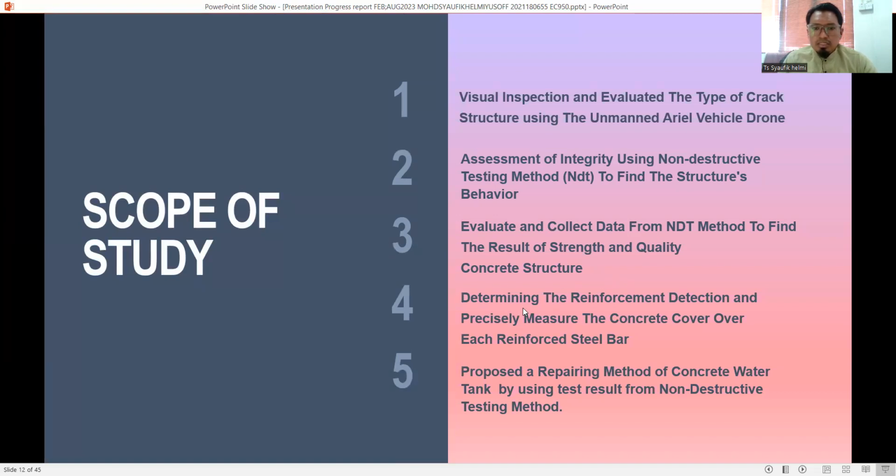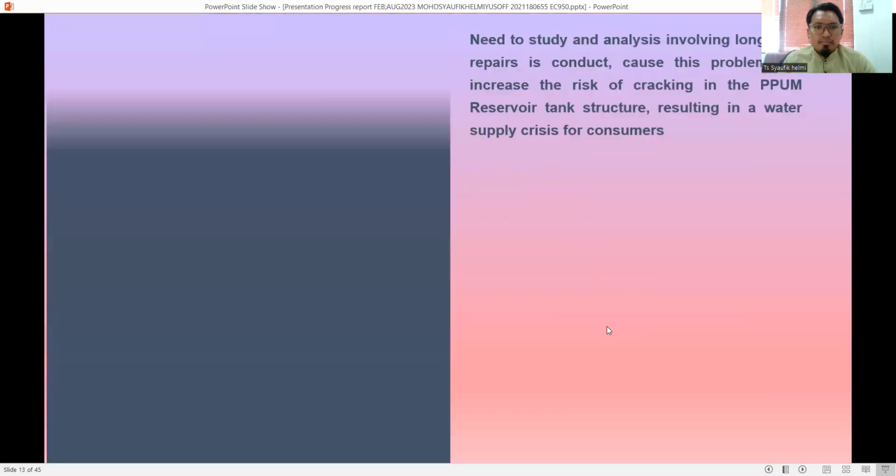To determine reinforcement detection and precisely measure the concrete cover over each reinforced steel bar. And the last one, propose a repairing method for the concrete water tank by using test results from non-destructive testing methods. This is the finding, and all of this is the scope of the study.